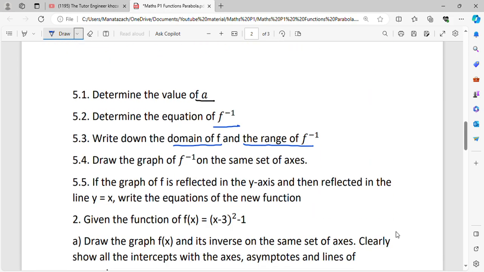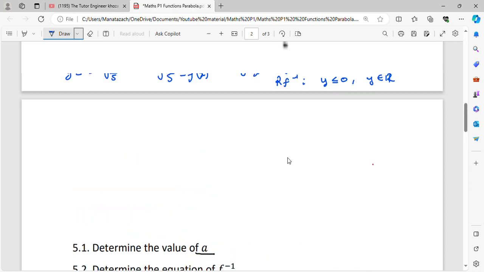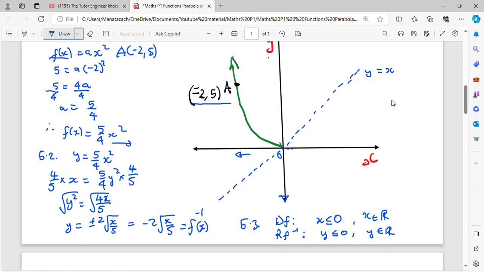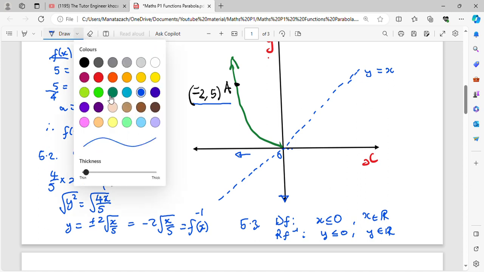5.4 says draw the graph of the inverse on the same set of axes. So okay, we've already established the line. That's the first thing you must do. You must establish the line y is equal to x, and then you plot the inverse reflecting about that particular line.